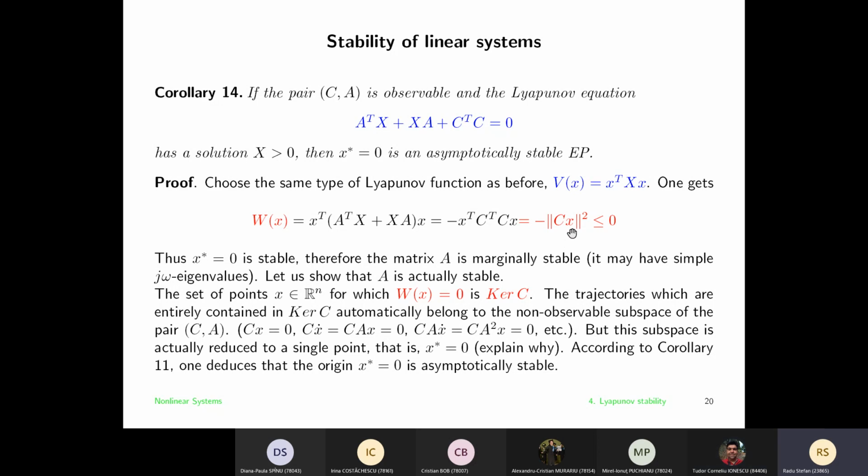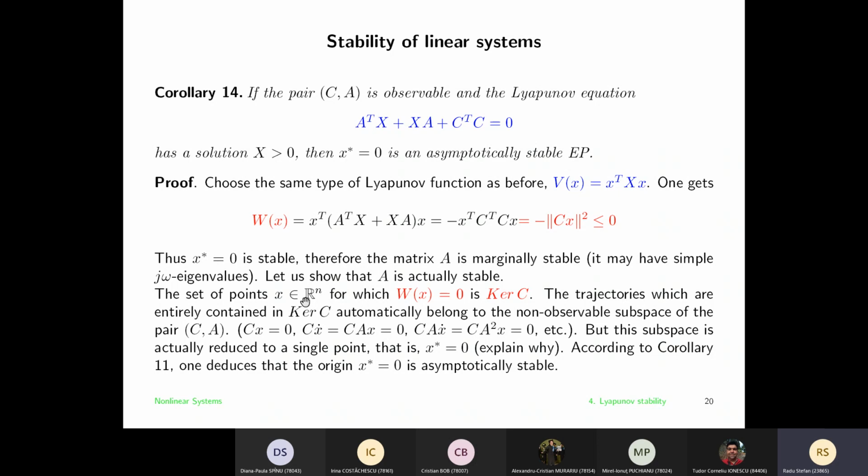Yes. So Cx, where is W 0? When the vector inside of the norm is 0, which means Cx is 0, meaning x in the kernel of C. But any trajectory which is in the kernel of C is automatically in the non-observable subspace of the pair, because the non-observable subspace is constructed like that. Cx is 0, CAx is 0, CA squared x is 0, and so on and so forth.